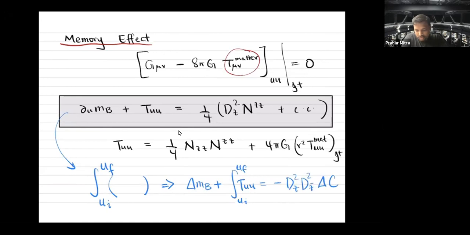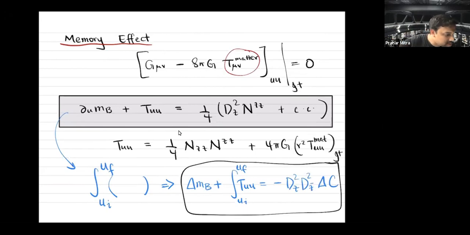This is the equation that I end up finding, just by integrating the equation on top. I might have missed a factor of gamma_zz̄ squared on this side. So this is precisely a shift in C.